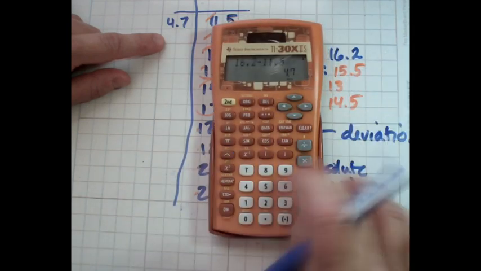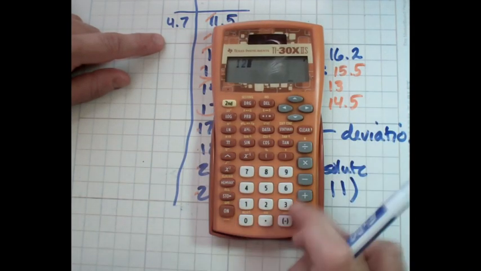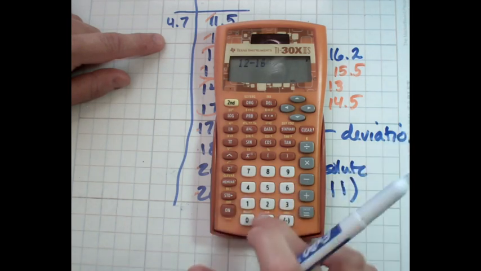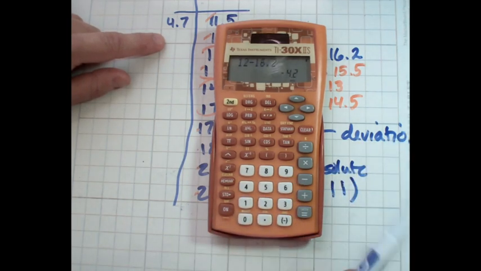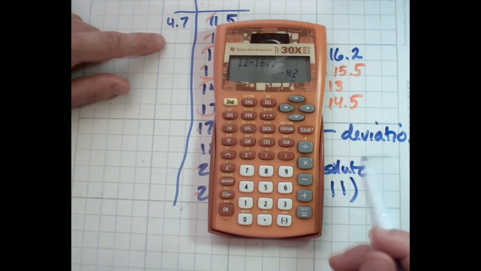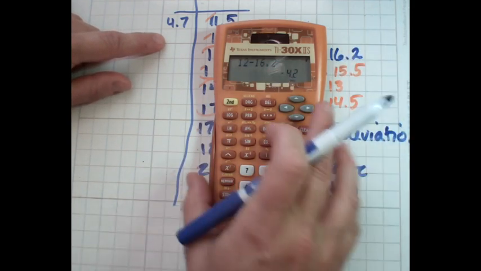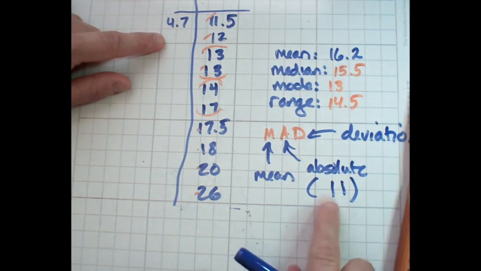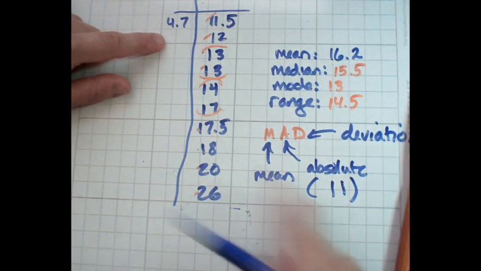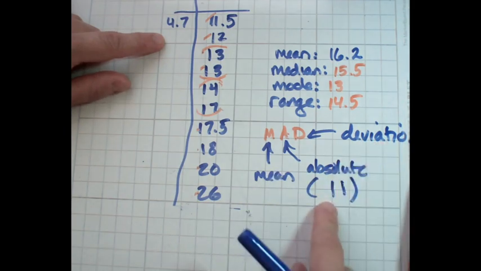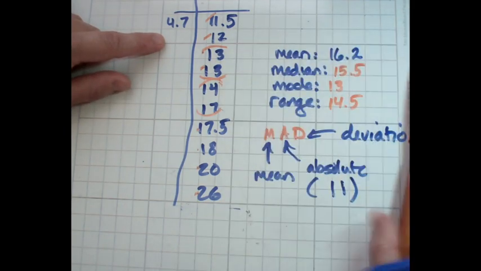Well, I can take the 12, subtract it from my mean of 16.2. I got a negative number. So I could switch the order and do 16.2 minus 12. But remember, we're going to take the absolute value of all of our deviations. They're absolute deviations. So it really doesn't matter if they're negative or positive. I just want the 4.2.